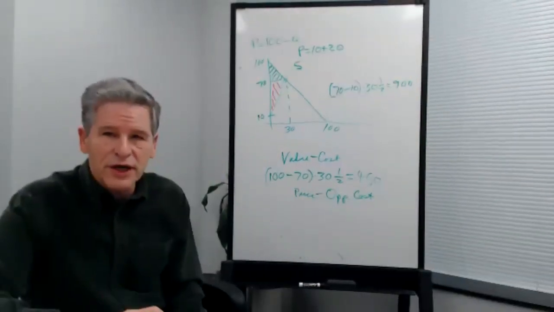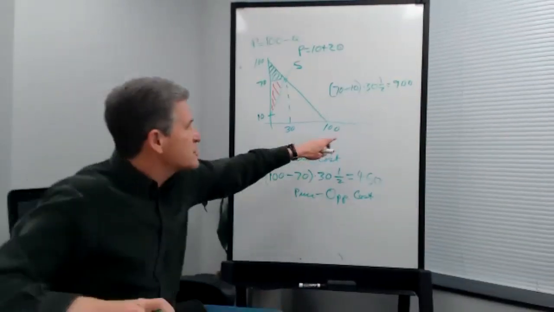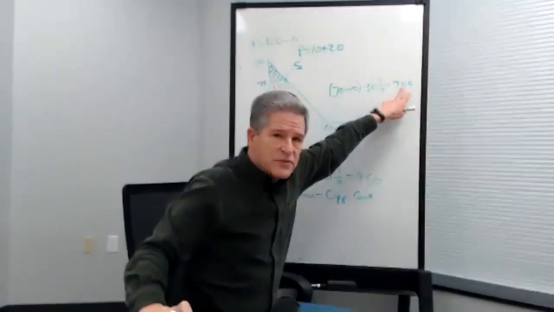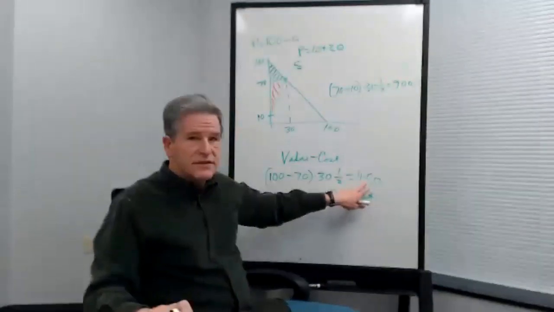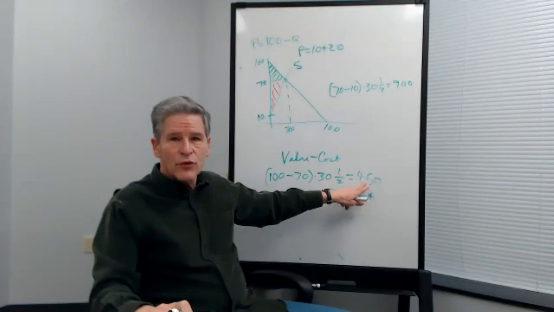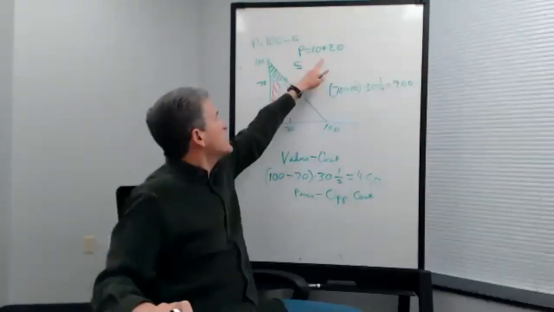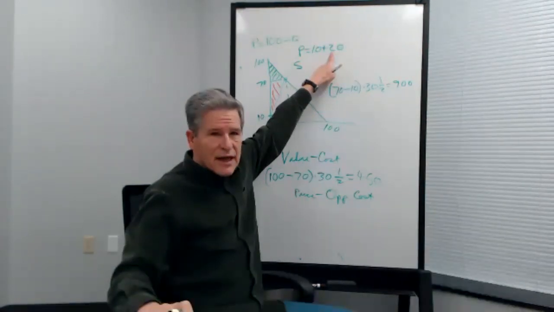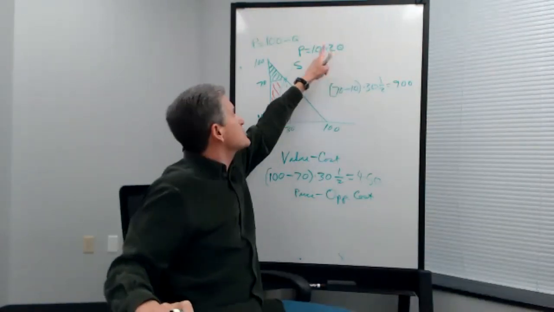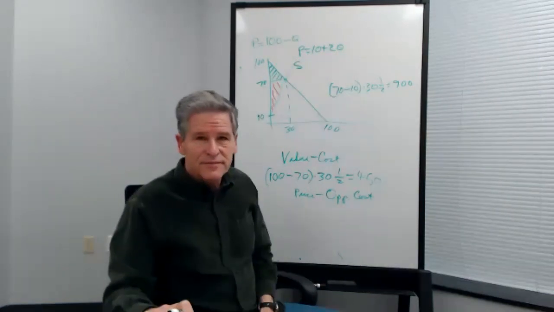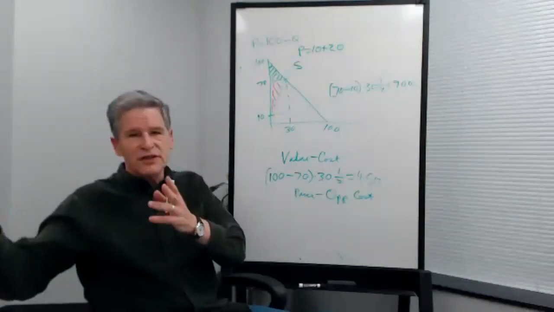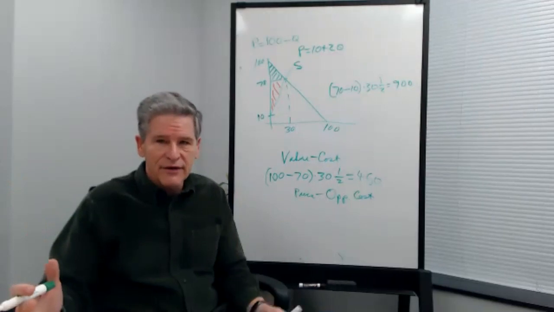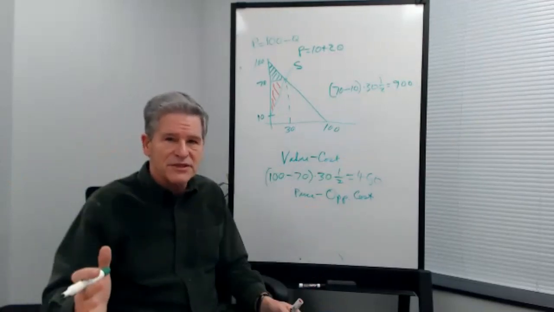Now let me tell you a trick. Notice this is twice as big as this. And the reason it's twice as big is because the slope of the supply curve is twice, in absolute value, as large as the slope of the demand curve. It's just a way of checking your math. You go through this math and you say, oh, did I make a mistake?